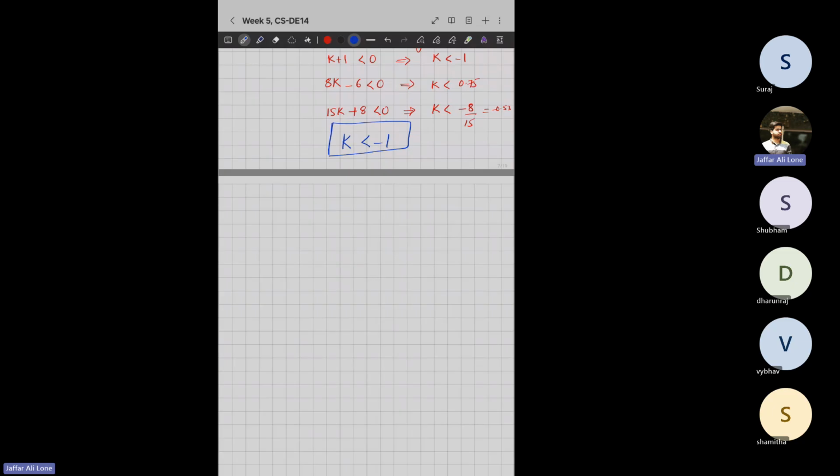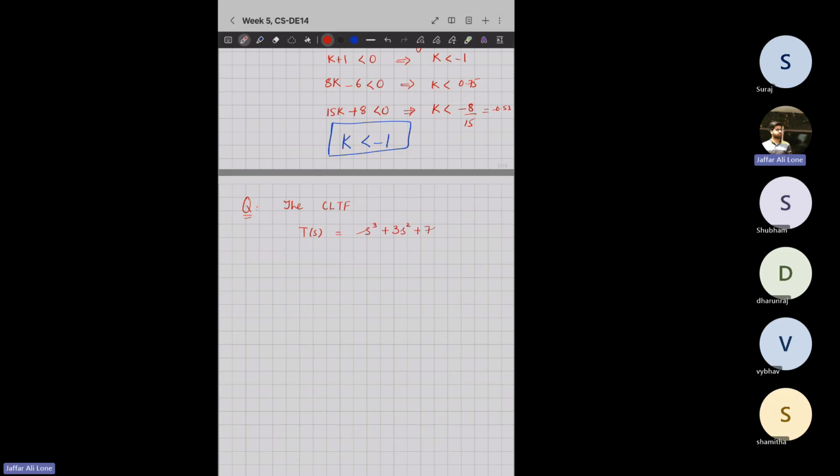Let's solve another good question. I will make it easy for you. The closed loop transfer function is given as d of s is equal to s cube plus 3s square.